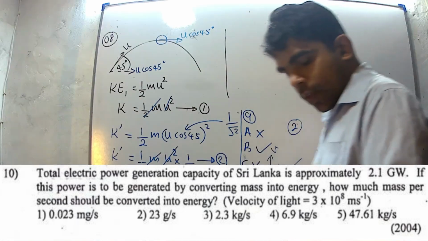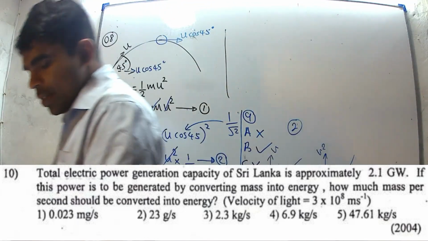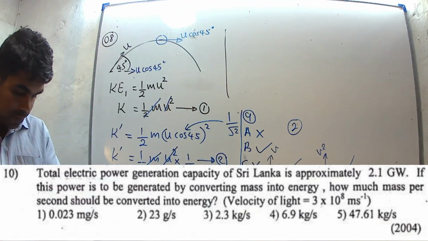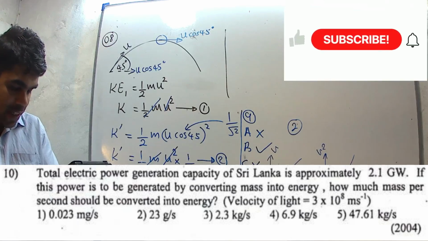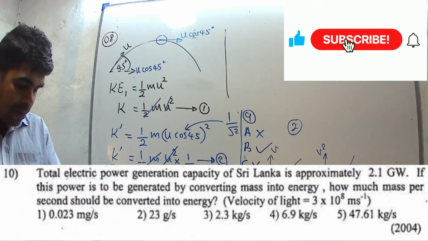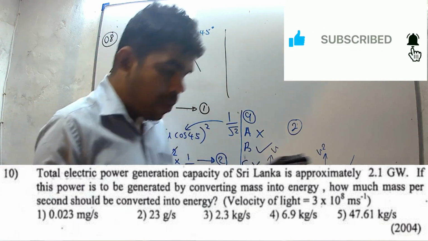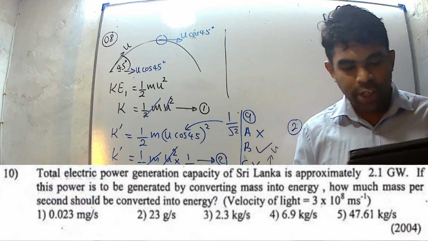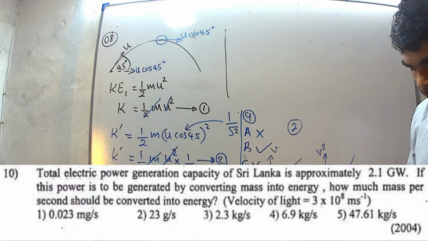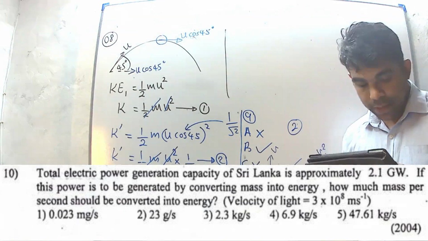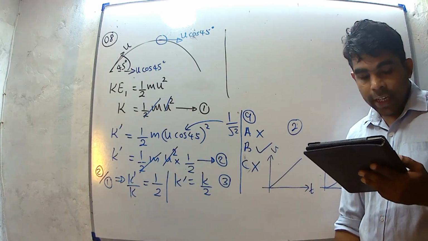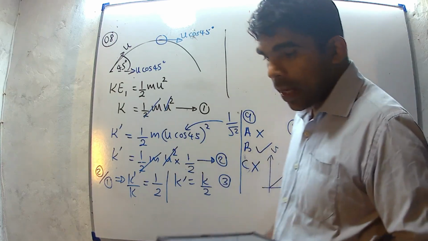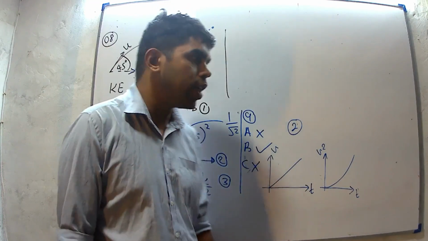Then 10. The total electric power generation capacity of Sri Lanka is approximately 2.1 gigawatt. If this power is to be generated by converting mass into energy, how much mass per second should be converted into energy? The velocity of light is given as 3 into 10 to the power 8. The electric power generation capacity of Sri Lanka is given as 2.1 gigawatt. What does that mean?